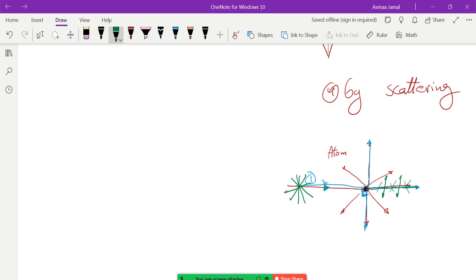So only part of it will be polarized in this direction. What about the perpendicular? Right, this one and this one. This one will fully polarize the light. So this one partially, and this one fully polarized.